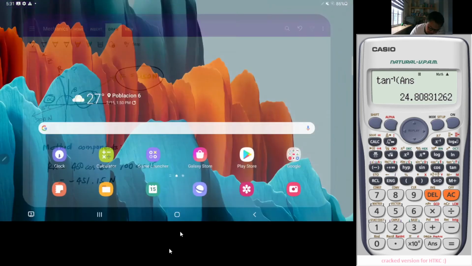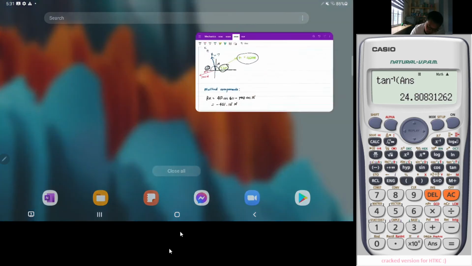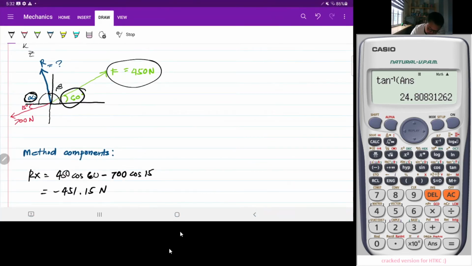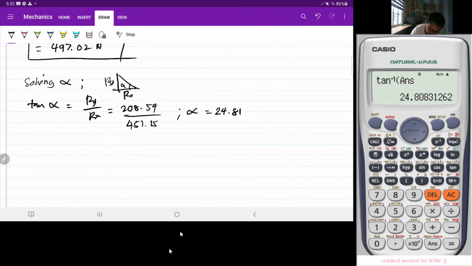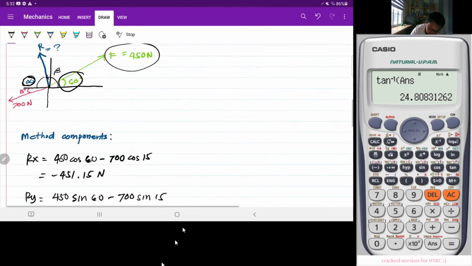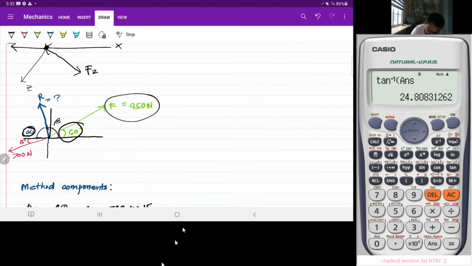Okay, but we know that we are asked to solve for the beta. So beta is a simple triangle, no? So that is 180 degrees minus alpha. Okay, this one, 180 degrees, the whole horizontal plane, no? So 180 degrees minus this alpha.